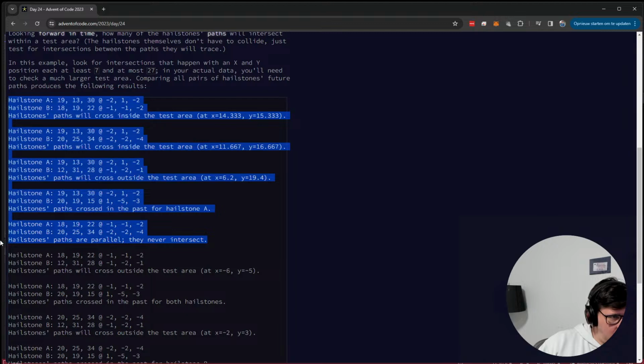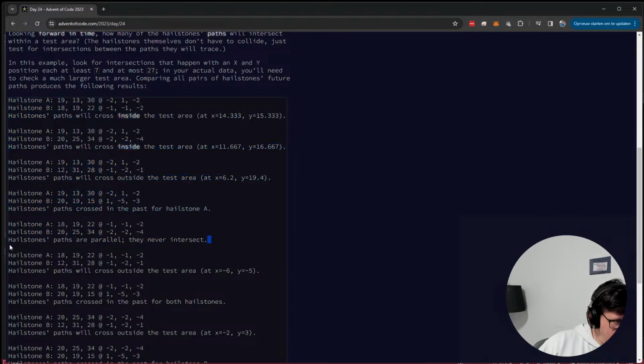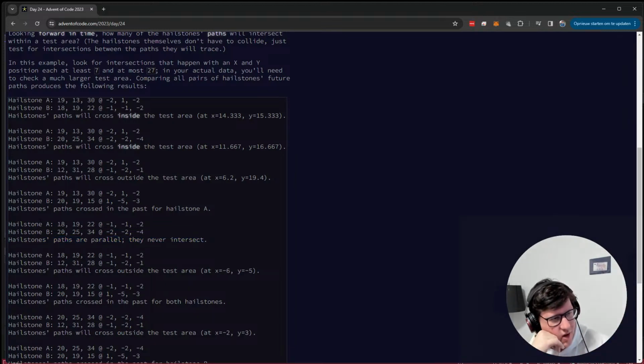Because for this one, it says they are parallel, and I can't wrap my head around this one. Because if I simulate this one, it will cross.